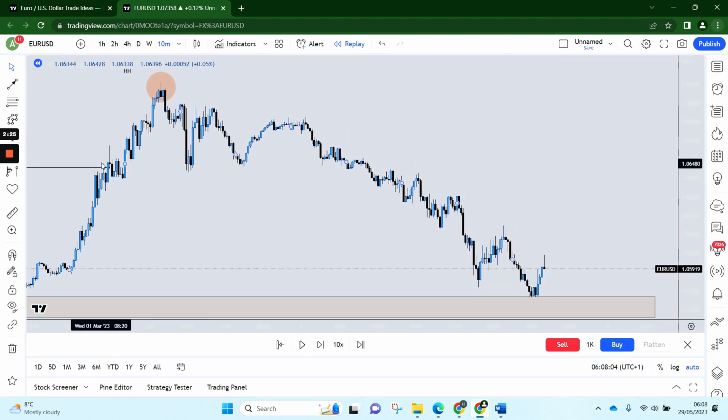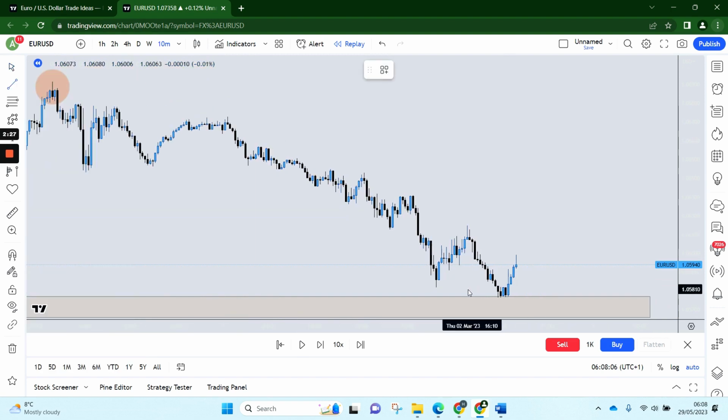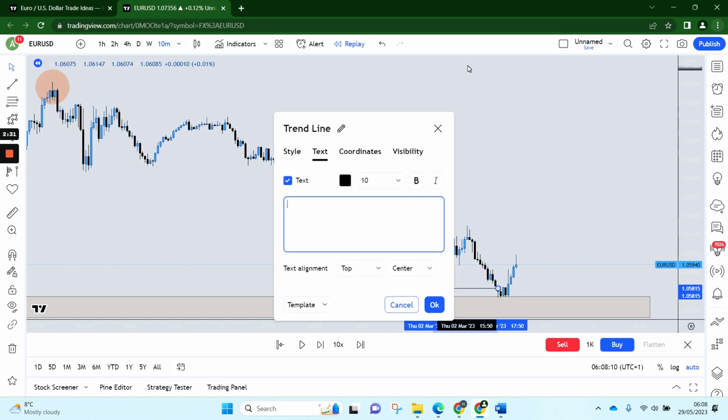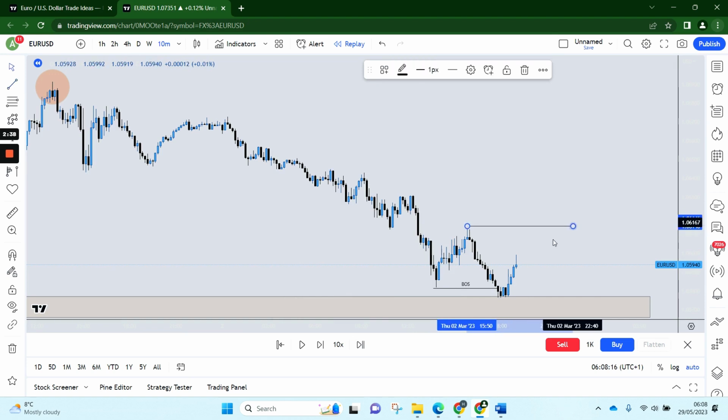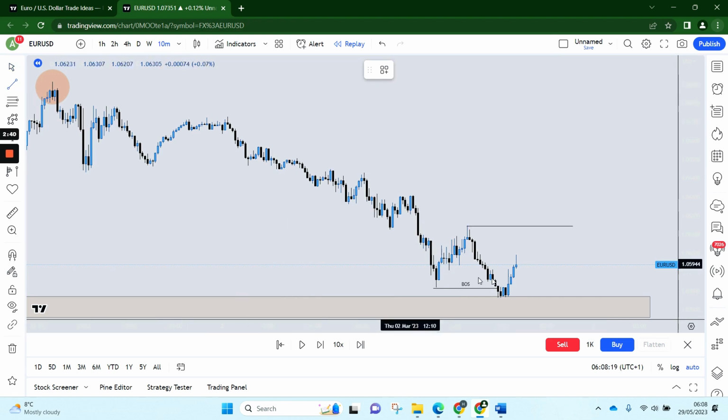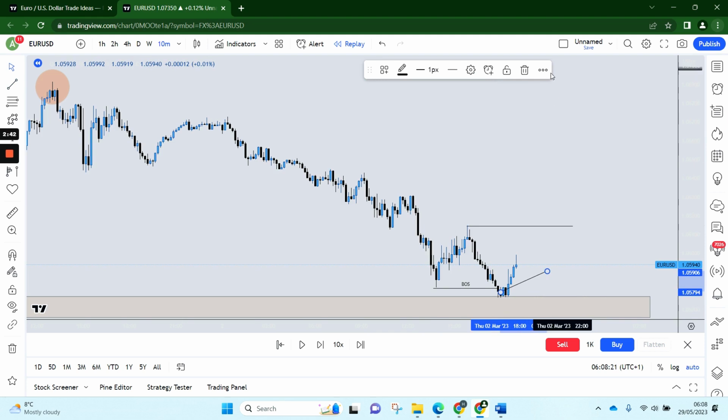Okay, so price has hit that. Cool. Now identify your breaks of structure of your internal structure. So this is our breaker structure. And as soon as price breaks this lower high that created this lower low, the market switches bullish.